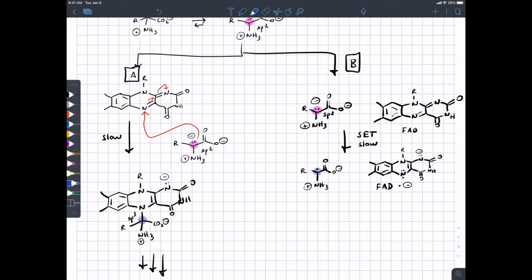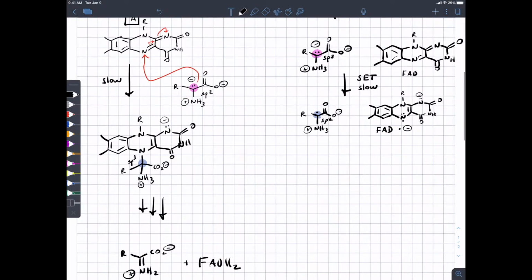You've got to think back a long time ago to when we talked about geometry and radicals. They invert quickly, but on average, you can think of them as sp2 hybridized. Okay, so basically, not much of a hybridization change here in the rate determining step.